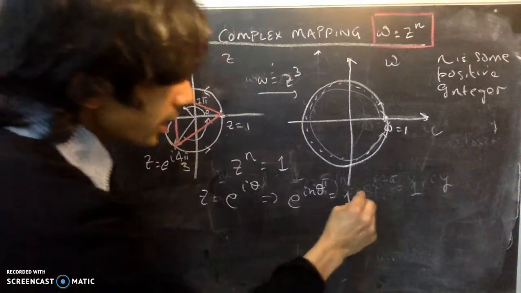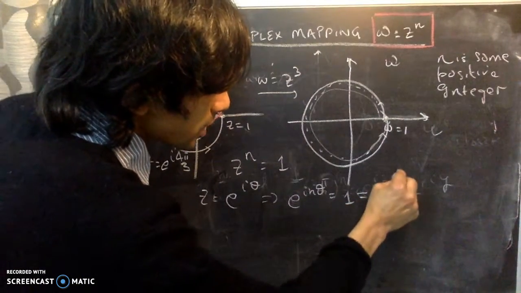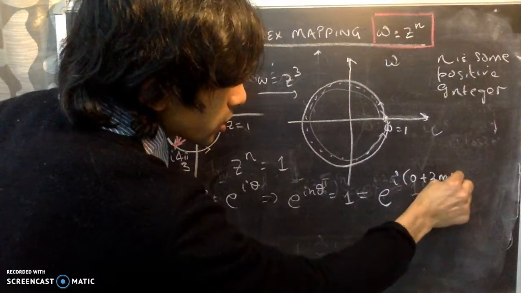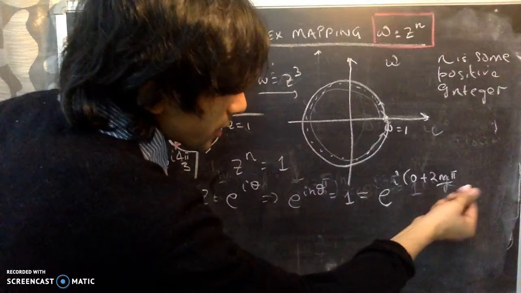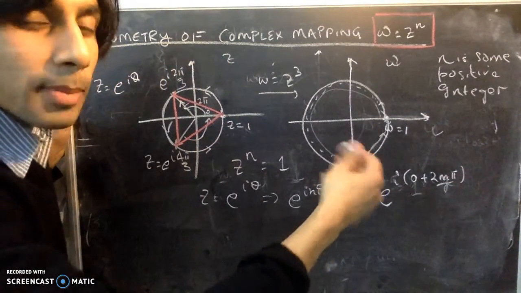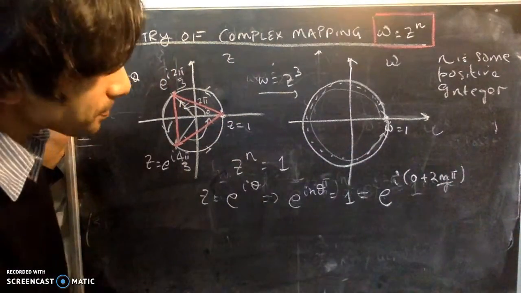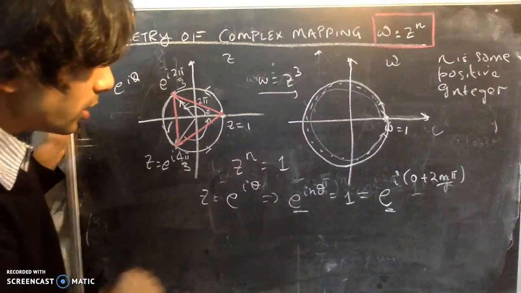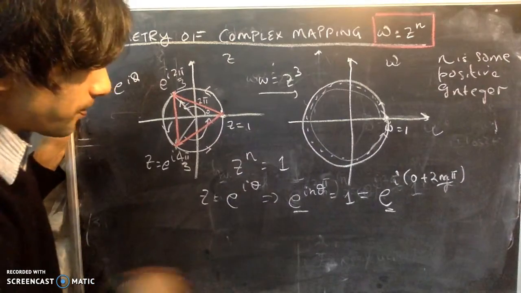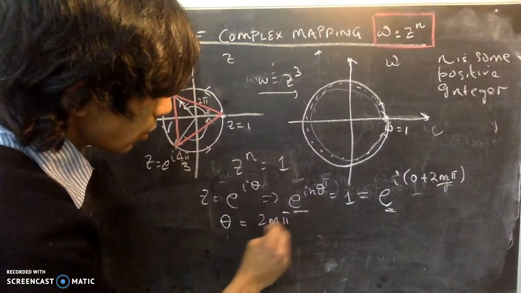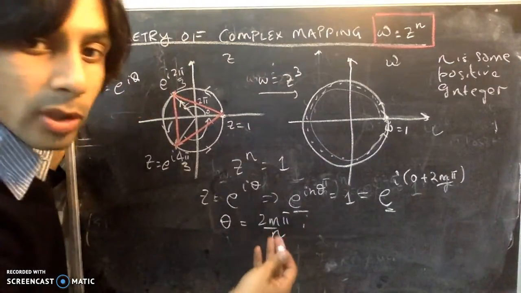Now we know that 1 can be represented by the complex number e to the i 0 plus some integral multiple of 2 pi, that is, 2m pi. And then when we compare the exponents, we find the solution that theta is 2m pi over n for some integer m.